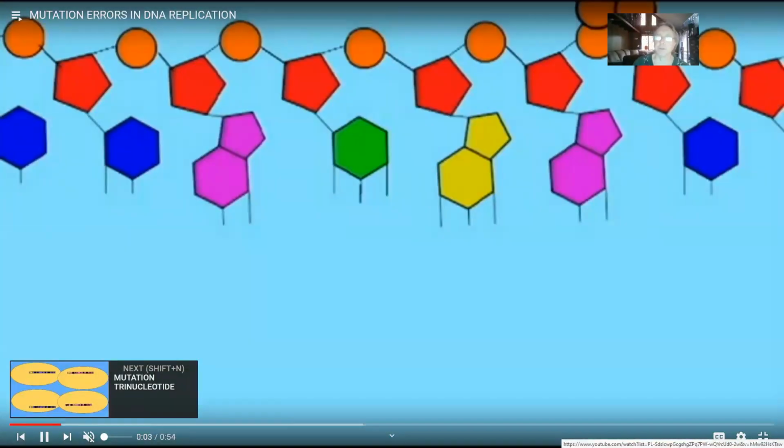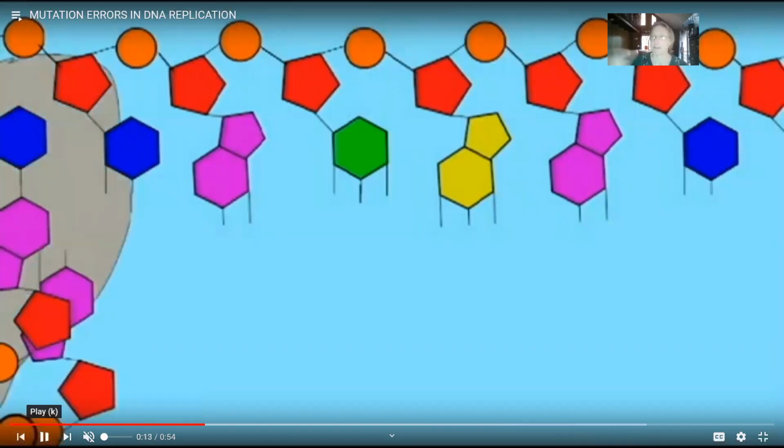Another cause of mutation is, I often ask students, if you were to take your textbook and try to type it, so you sit at a computer and you try to type it letter for letter, word for word, you're going to make typos every now and then. And when the S phase occurs, your nucleus is essentially trying to copy the DNA code.